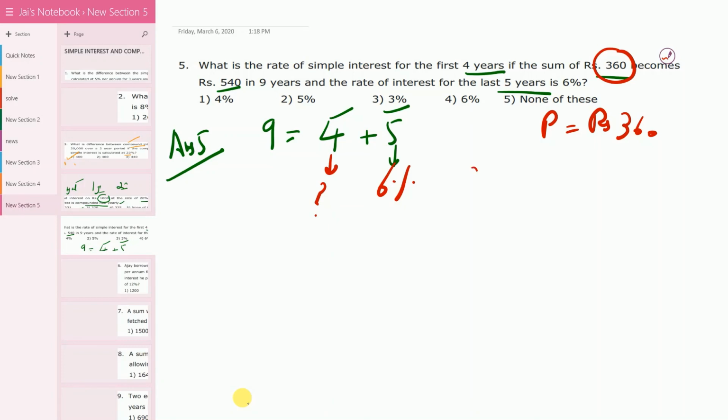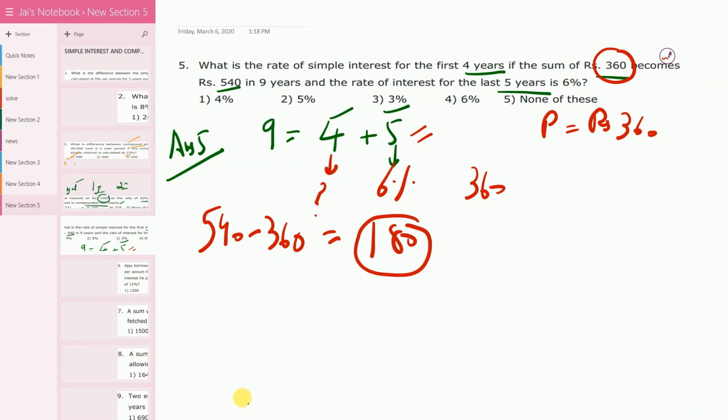For the last 5 years they have given the rate of interest, so you can calculate the difference. Basically, what is the difference that has been accumulated over the period of 9 years? This is nothing but rupees 180. And for the last 5 years, you can calculate the simple interest simply by multiplying P into rate of interest, that is 6, into time.